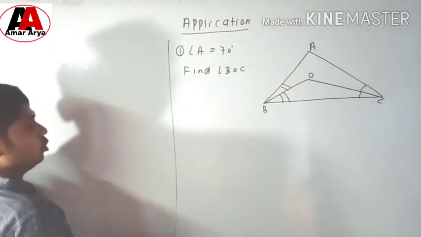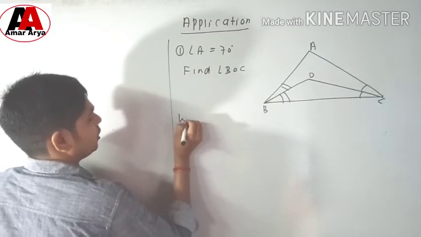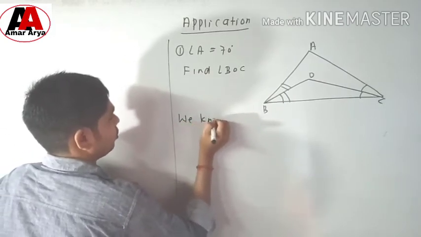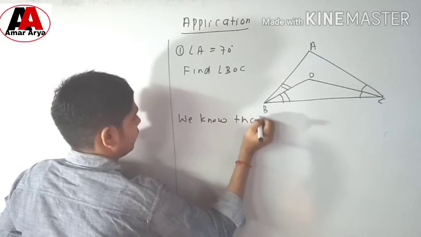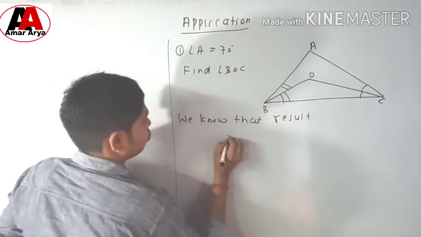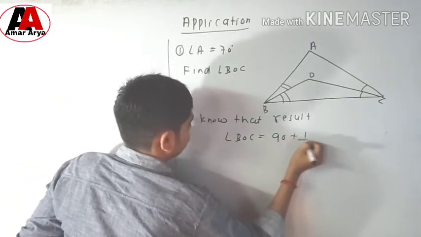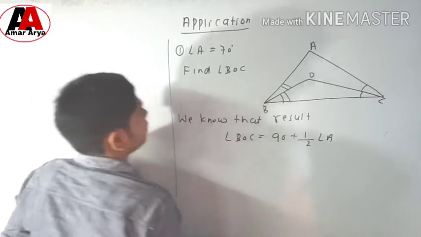First of all, you can solve directly, or you can solve by the process way. I will discuss both of the methods. As we know the result, angle BOC equals 90 degree plus 1 by 2 of angle A. So angle A is 70 degree.